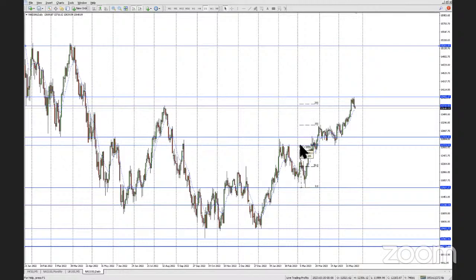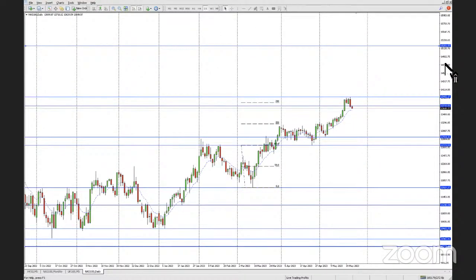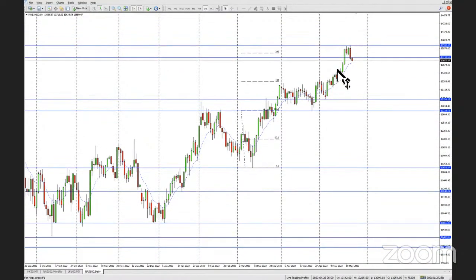So you look for measured moves, you look for leg ones, leg twos, and those kinds of patterns. Then if there's nothing distinct that you are seeing, that's it. Then you just go down to the actual day that you are trading.